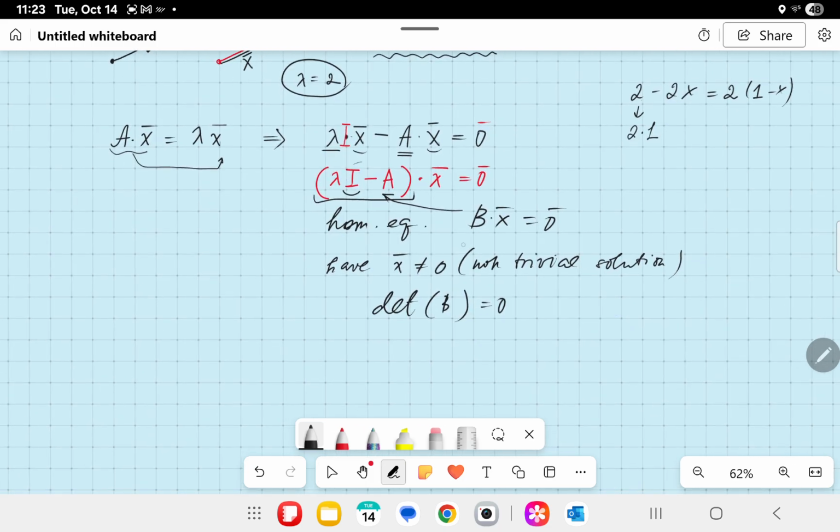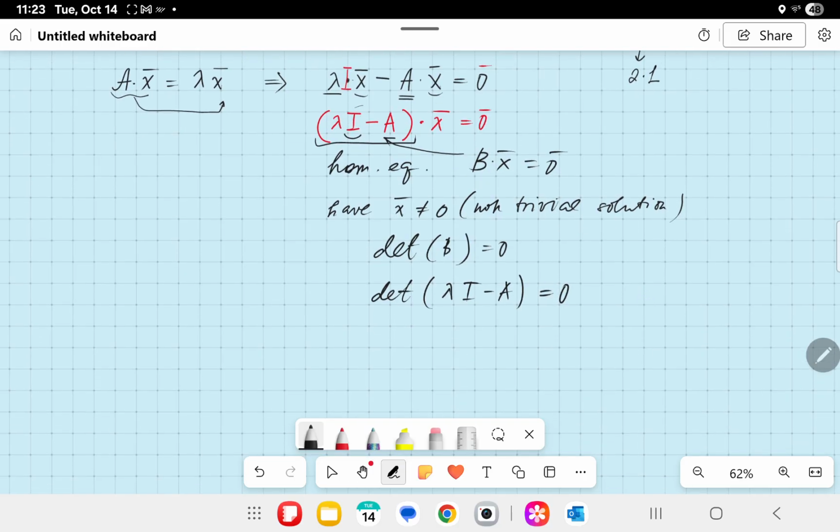In our case, because matrix B is this compound, I'm going to write it down like this: the determinant of lambda I minus A must be equal to 0, again, to get a non-trivial solution for x.